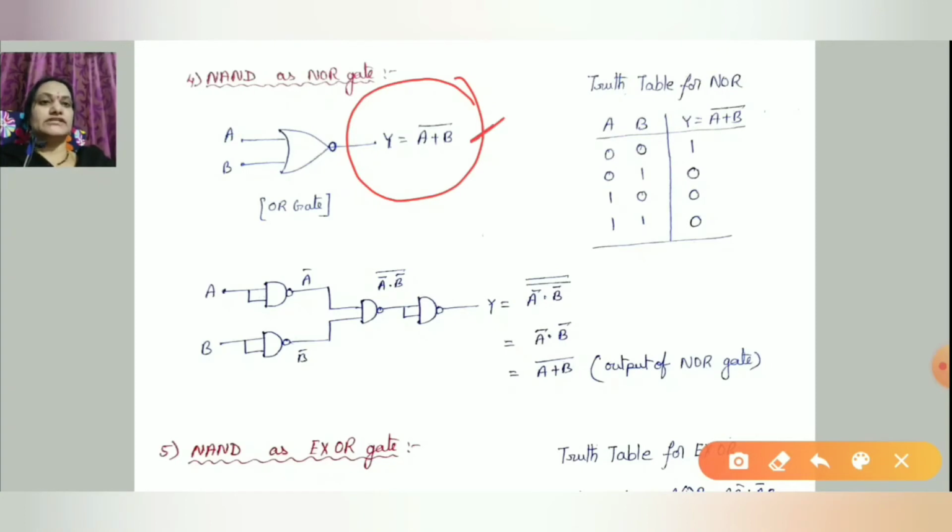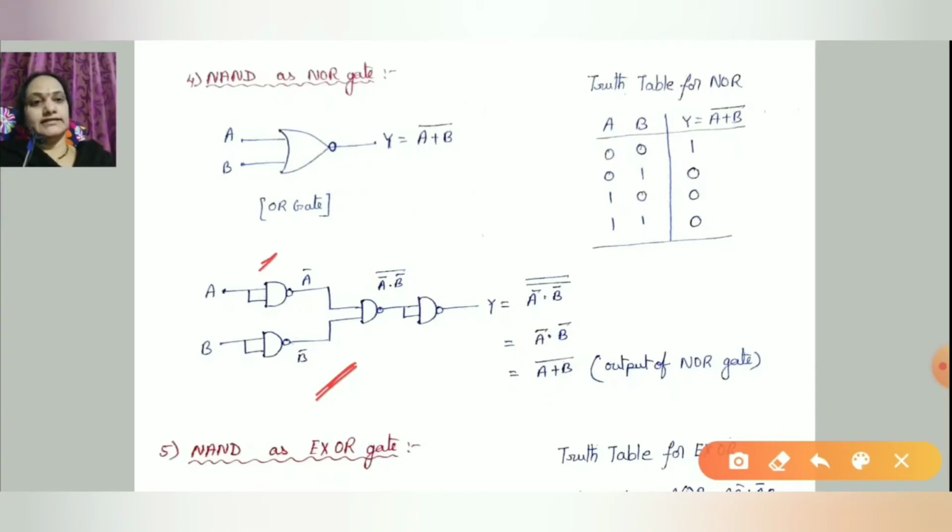Here we have to bring this expression without using a NOR gate, but we can use NAND gates. So the circuit is like this. For this gate, the two inputs are connected to each other, which means the output is the complement of the input.